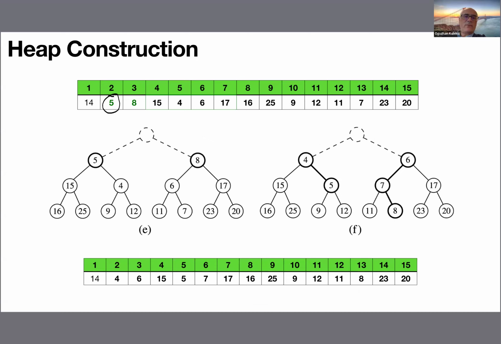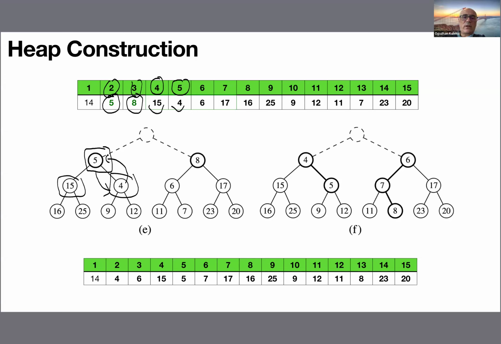So that is 5 and that is 8, at position 2 and 3. You first place 5 here. So 5 is here. Who are the children of 5? 2 times 2 is equal to 4, and 2 times 2 plus 1 is equal to 5. 15 and 4. Since this is a min heap, I should move 4 to that position and 5 to that position.